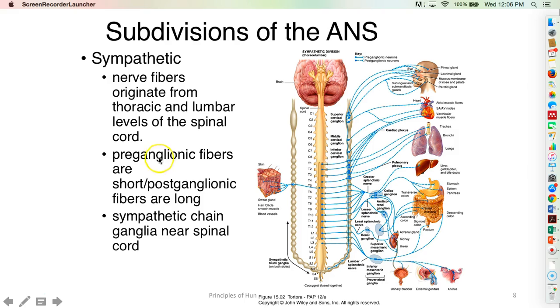The preganglionic fibers, these fibers right in here, are short, and then these postganglionic fibers are long, because they have to go from where that sympathetic chain ganglion was, which was near the spinal cord, all the way to the heart, or all the way to the lungs, or all the way to the liver. So that's all that sentence means. And you'll notice that they originate in that T1 to L3 area.